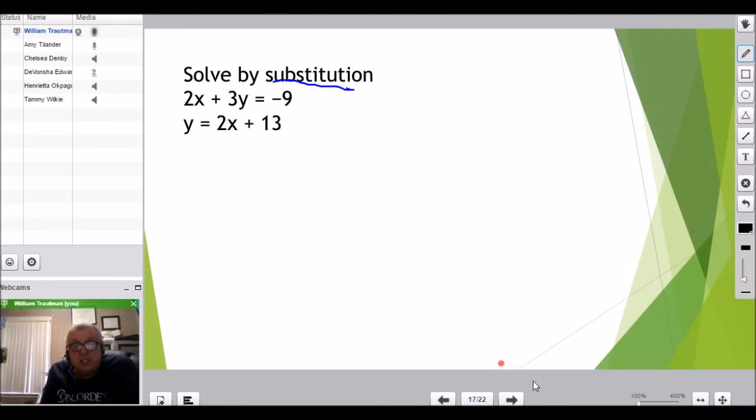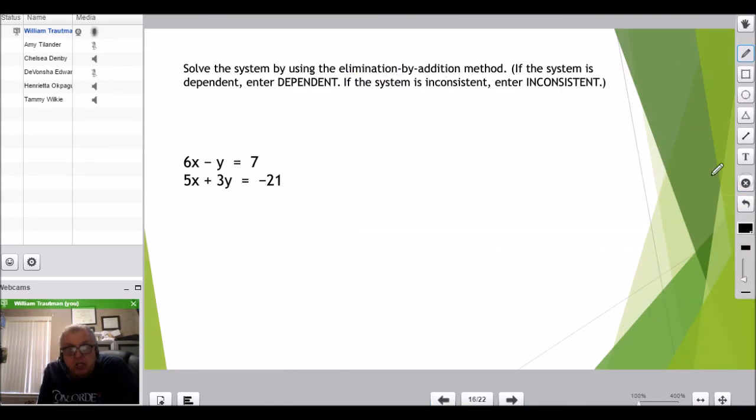So now we're going to use the substitution method. Can somebody tell me why the substitution method is preferred in a problem like this? If you compare it to the last problem, the substitution method is not preferred. I would not use the substitution on this one.